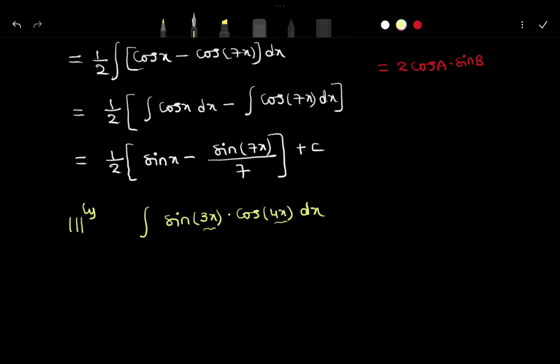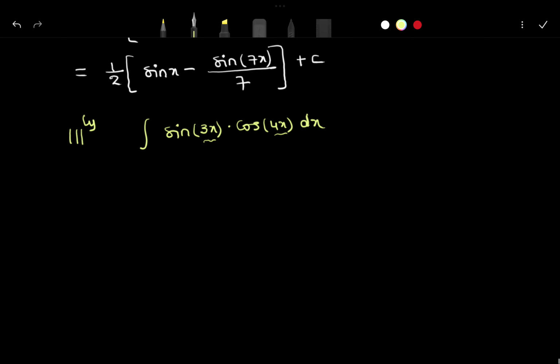So next, one more question. Here is question number 2: the integration of cos 2x into cos 4x into cos 6x dx.